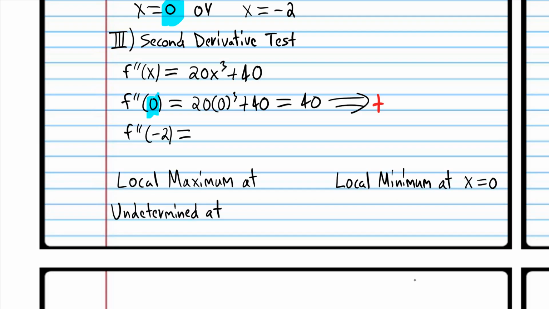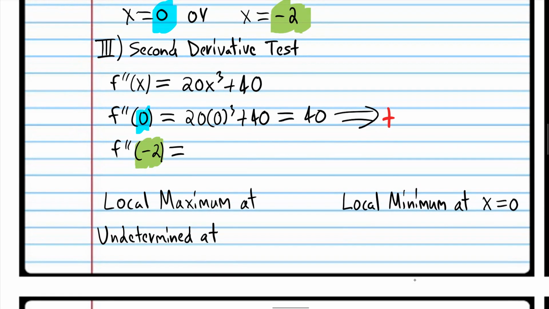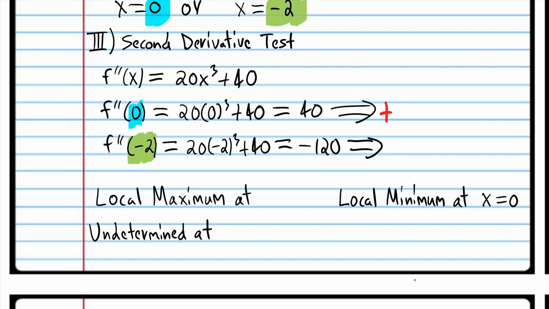Now let's evaluate the double derivative, f double prime, at the other critical number. And it looks like we get negative 120. I did that kind of quickly, so let's double check. It looks right.